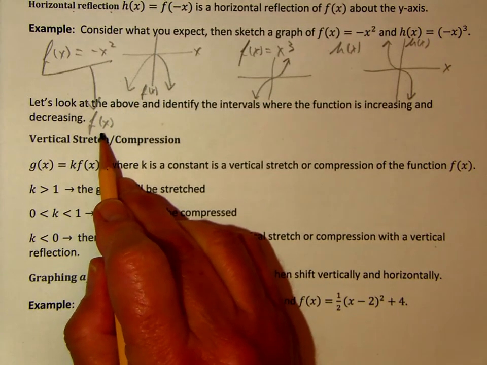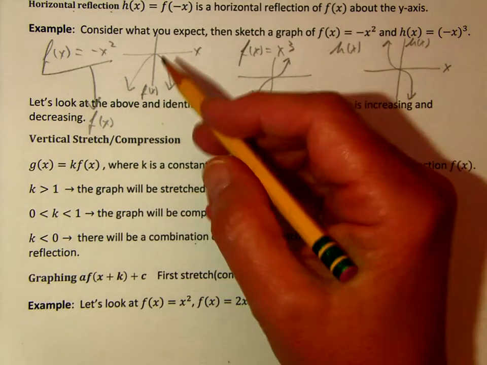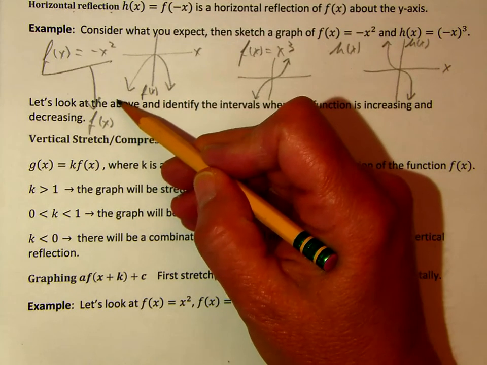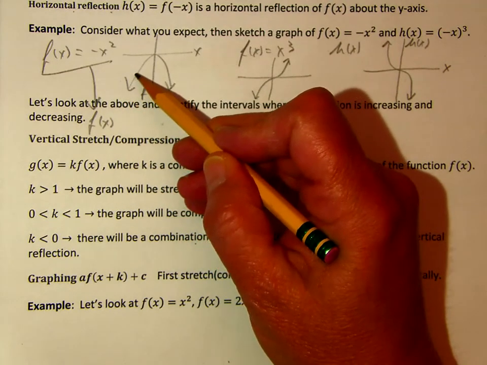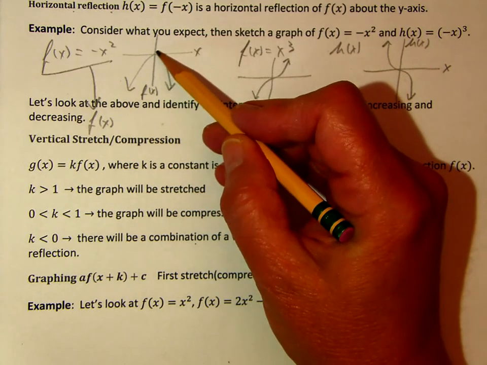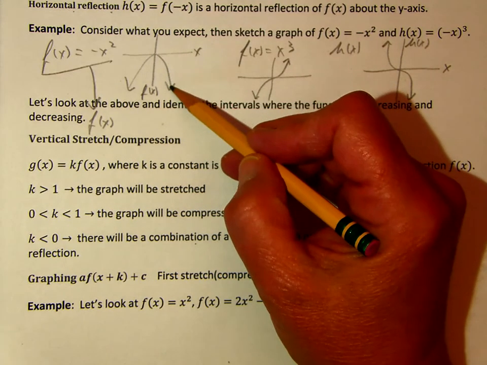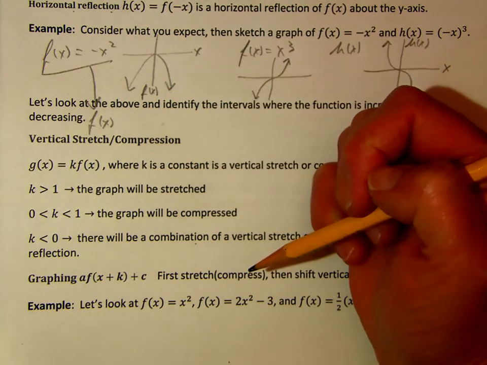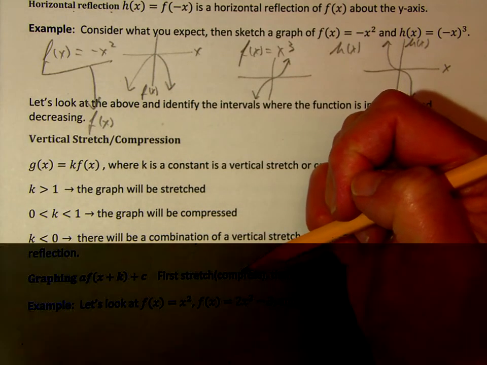For this function, I can see that f of x is increasing all the way until I get to 0, and then it's decreasing every value after that. And at 0, it is neither increasing nor decreasing.